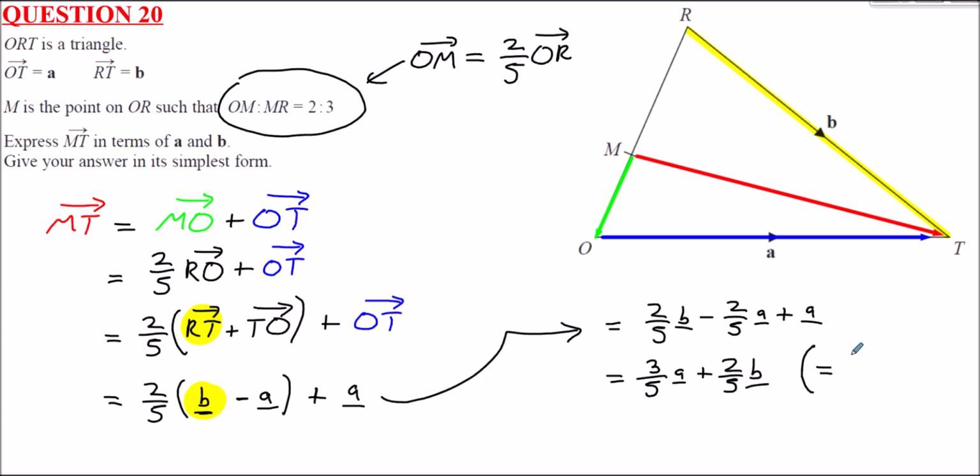Or if I want to, I could say it's 1/5, just factorising out a fifth. You don't have to, it's just optional. 3A plus 2B. So either of these answers is suitable as a final answer worthy of full credit to the examiner. This one or that one makes no odds.